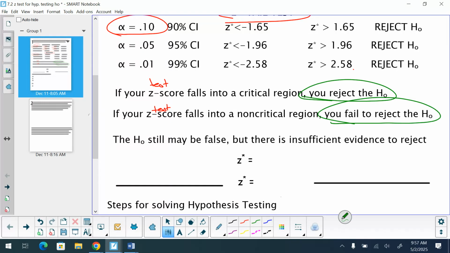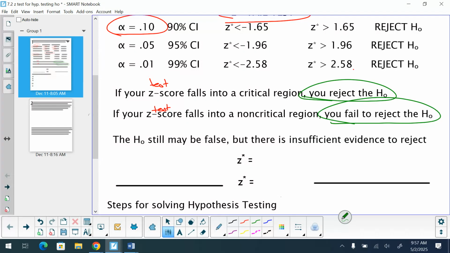When we were dealing with confidence intervals, we did a final statement. We were 95% confident the population mean for some sort of thing is between this value and this value. Well, what our final statement is going to be now is the evaluation of, we have enough evidence to reject the null hypothesis of the population mean being this value.